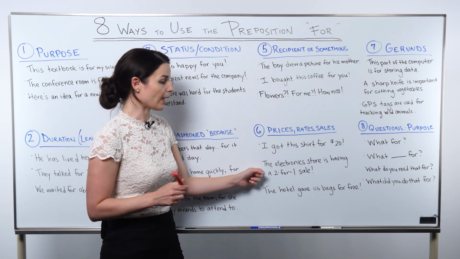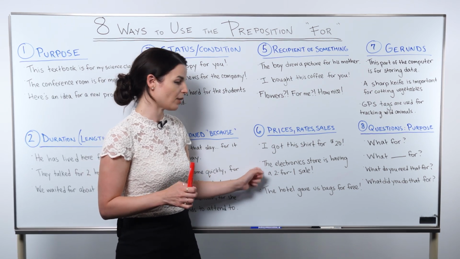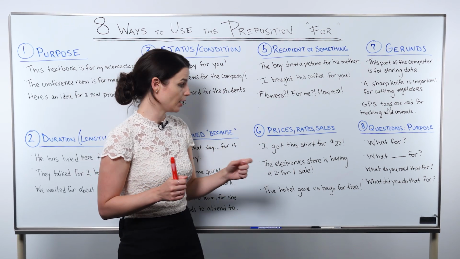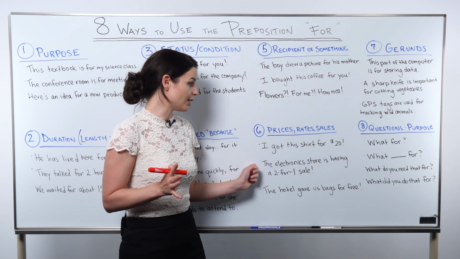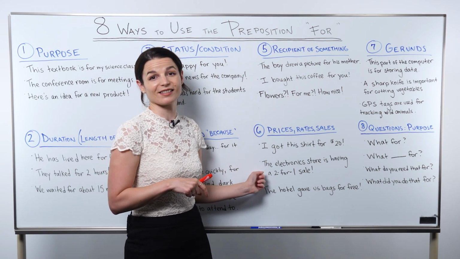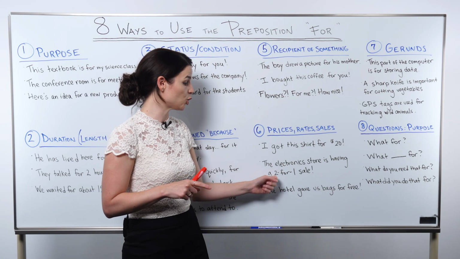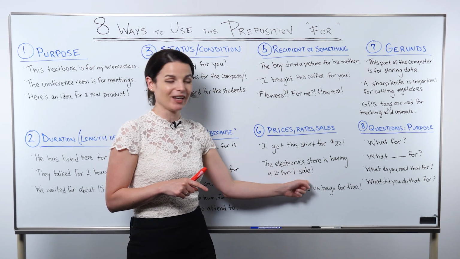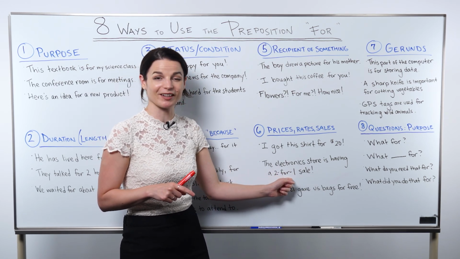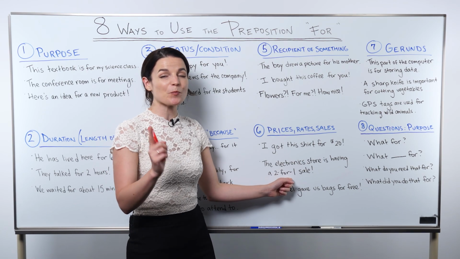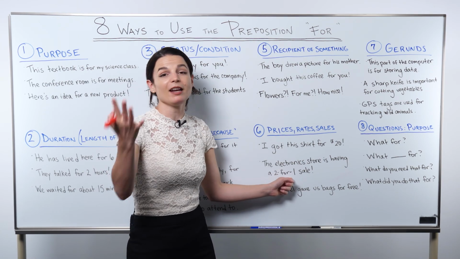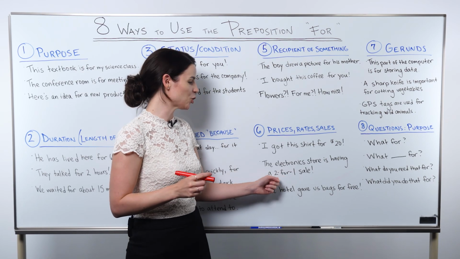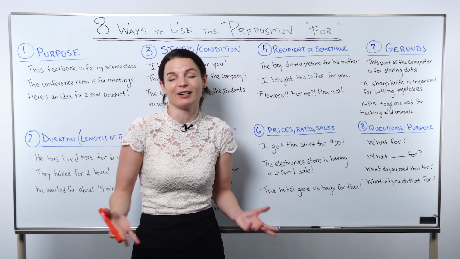Okay, let's look at the next example. This is an example of a discount expression. The electronics store is having a 2-for-1 sale. Here is the for I want to focus on. This is an expression that you might see in any kind of store you can imagine, actually. A 2-for-1 sale, maybe 3-for-1, I don't know.